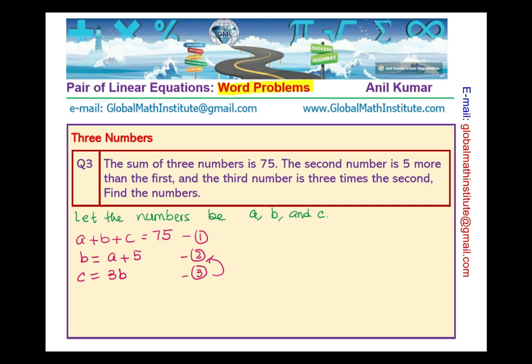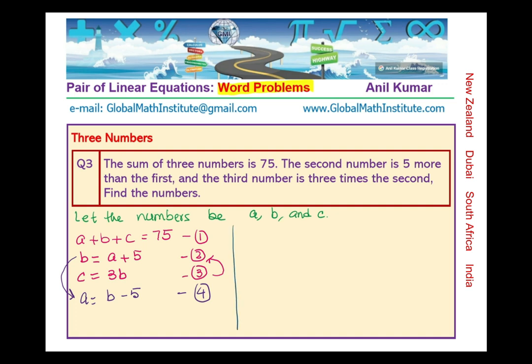So we know C is 3B, and from 2, A is B minus 5. So equations 3 and 4 relate A, B, C in terms of B, so we have only one variable to figure out, and that should help us get the equation.